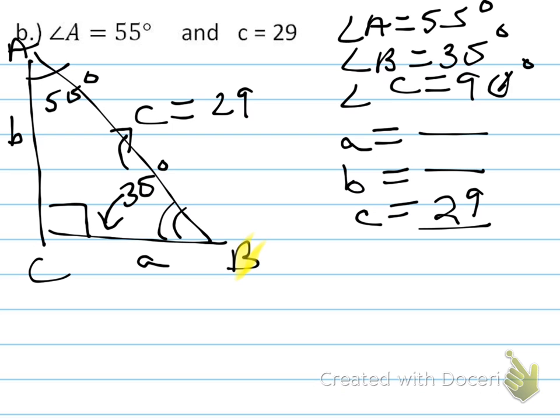I could have done opposite, but that one would have been sine. Like I said, it doesn't matter, as long as we choose the right sides. So if I'm using adjacent and hypotenuse, I must be using cosine. That's the CAH in my SOHCAHTOA.